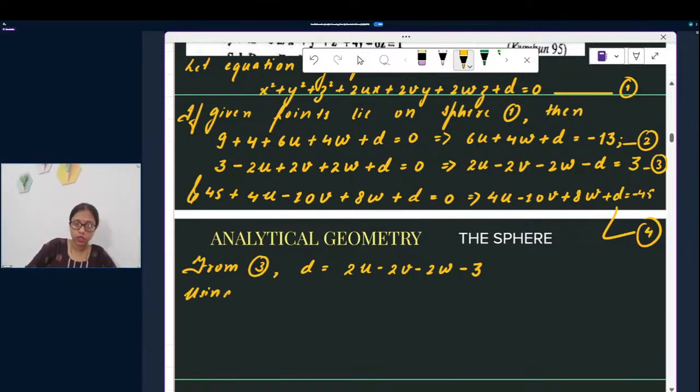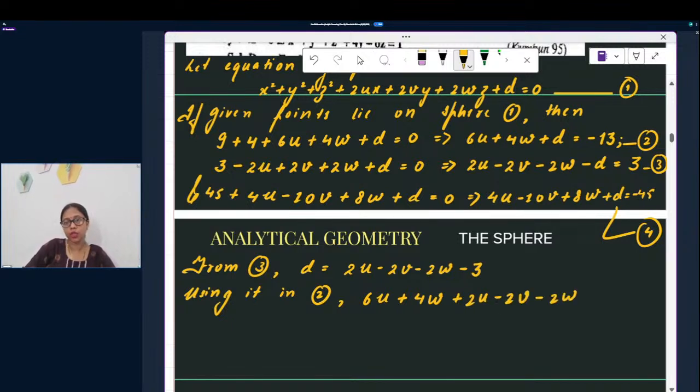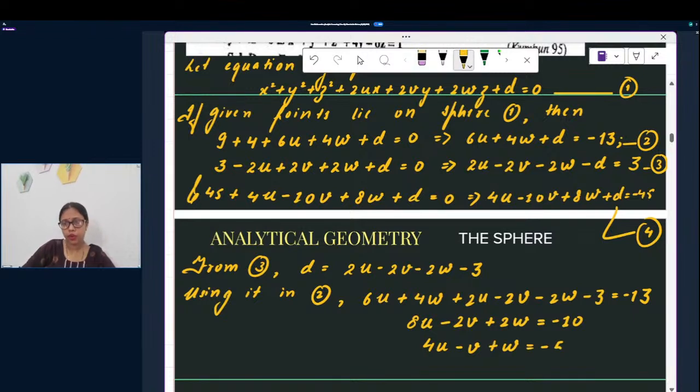Using it in 2, it will be 6u plus 4w plus 2u minus 2v minus 2w minus 3 is equal to minus 13. So this will be 8u minus 2v plus 2w is equal to 3 minus 13, minus 10. I can take 2 common. So 4u minus v plus w is equal to minus 5.